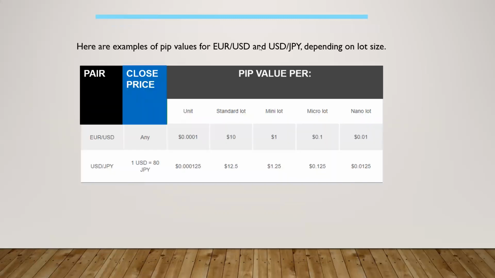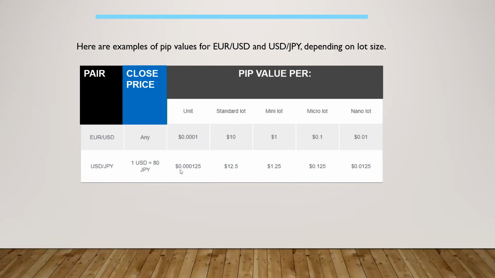So yeah, the examples of Euro USD and Euro JPY, USD JPY per pip value. So the units, you have standard lots, mini lots, which is 1, micro lots, and nano lots. Then in USD JPY, 1 USD equals 80 JPY.